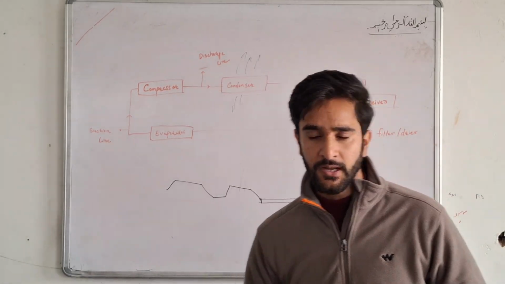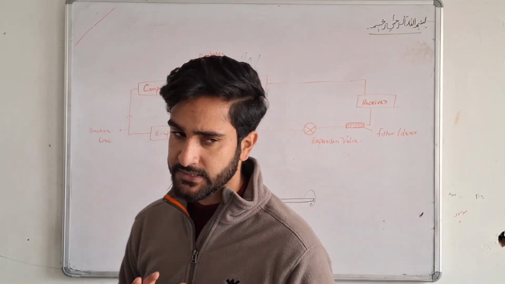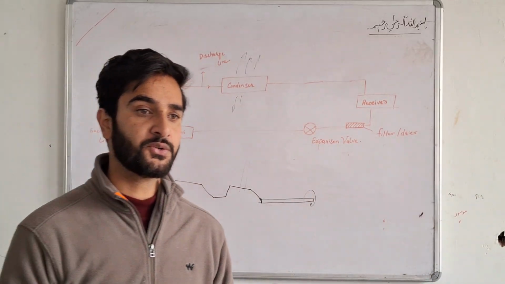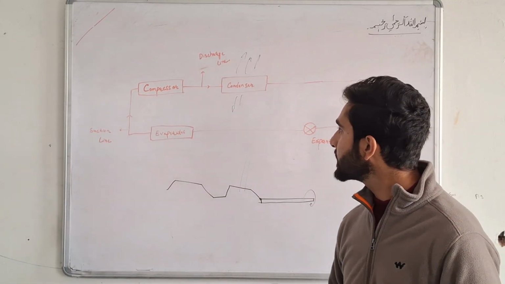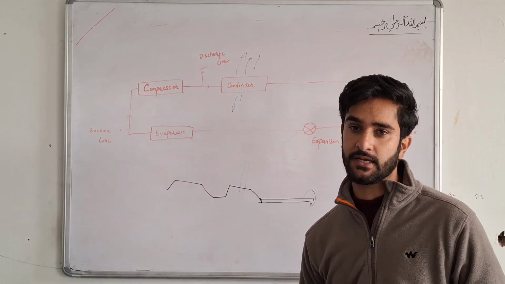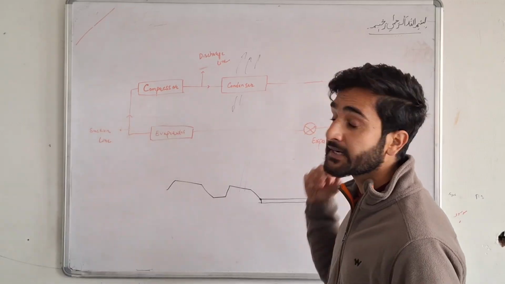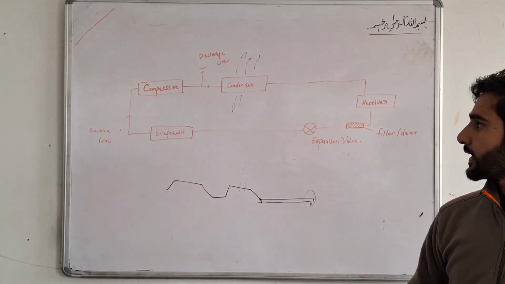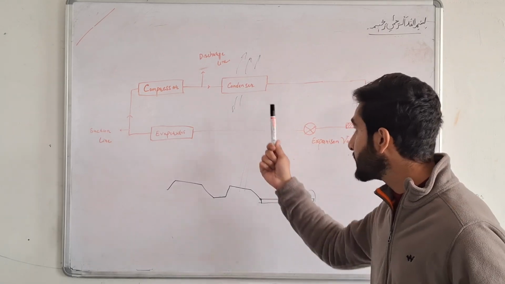It doesn't have any effect on the pressure. It just converts it into liquid, and also brings it near the critical, saturated state. I discussed it yesterday. What is the saturated critical state?